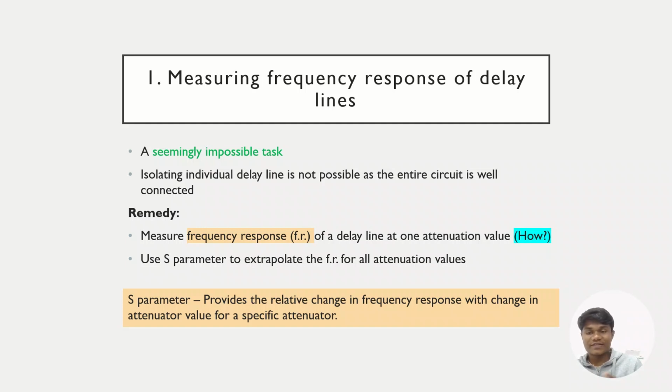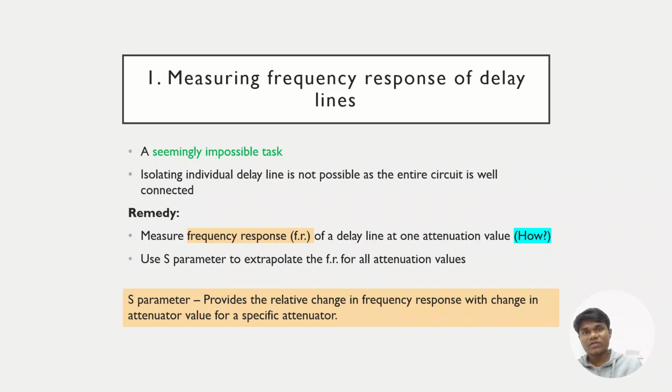This S parameter is something new. It provides the relative change in frequency response with change in attenuator value for a specific attenuator, which means if we know the frequency response for one given attenuation value, we can then extrapolate it and get the frequency response for other attenuation values as well.